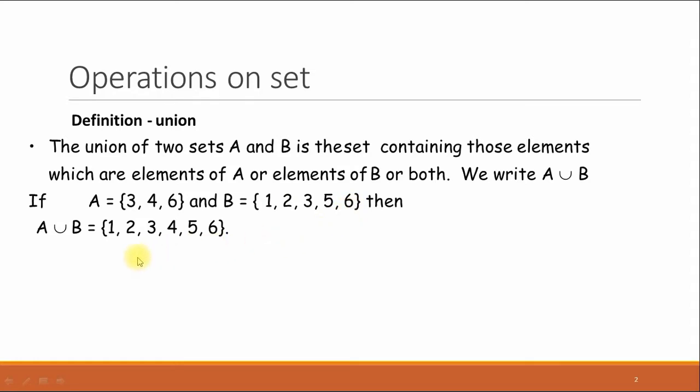Then the union of A and B will be 1, 2, 3, 4, 5 and 6, since the union of these two sets contains those elements which are elements of A or elements of B or elements of both sets A and B. So A union B contains the elements 1, 2, 3, 4, 5 and 6.